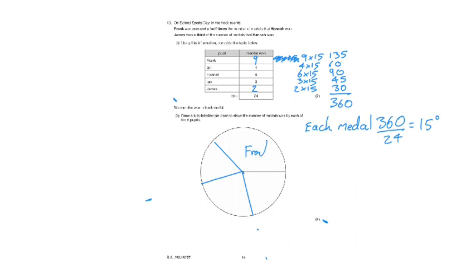So that'll be Frank, Jill, Hannah, Ian, and if you've got, there's a mark out here. Probably a good idea just to put the number of degrees in here. So this is 135, 60, 90, 45, and 30.